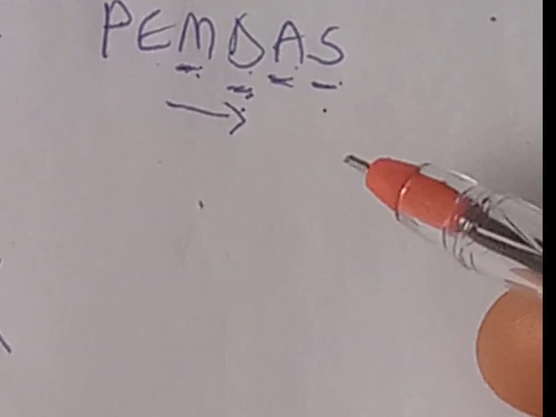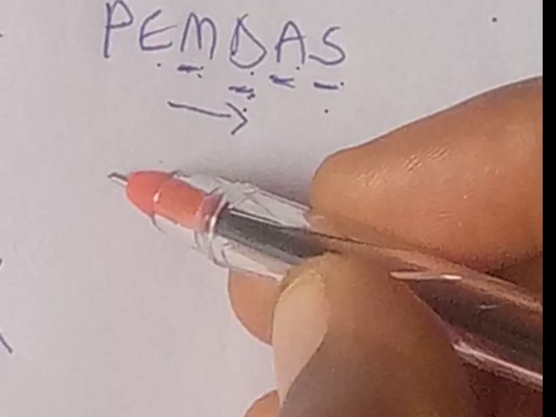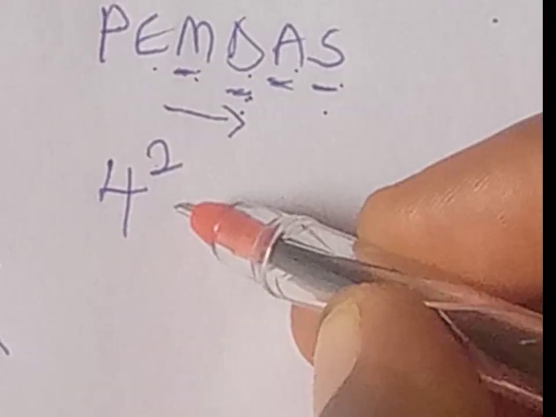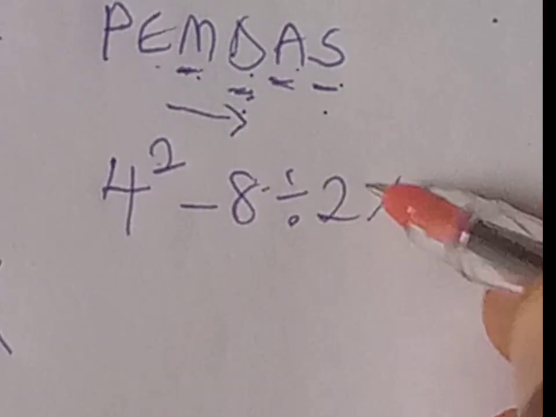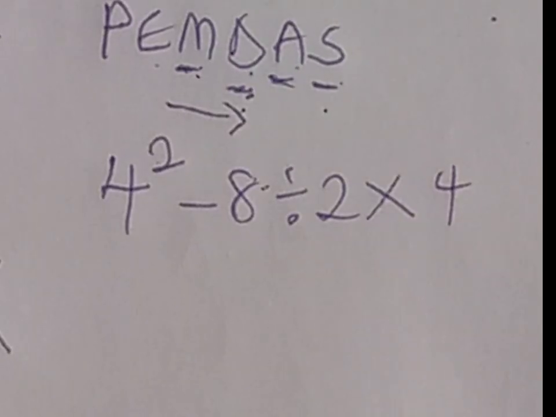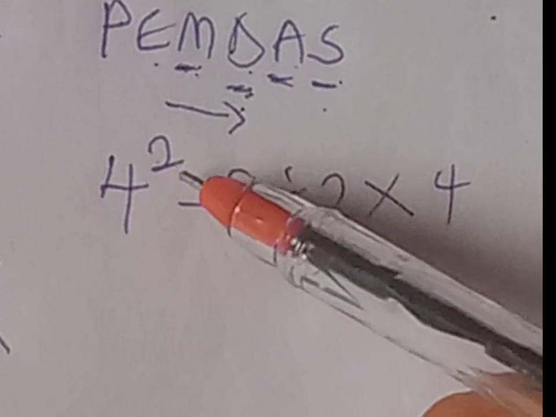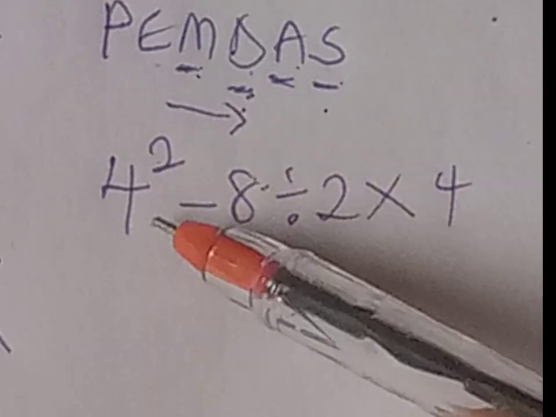Now, let's take a look at our problem carefully. The question was 4 exponent 2 minus 8 divided by 2 multiplied by 4. Now, we have exponent 2. This exponent 2 is the little number sitting above 4.